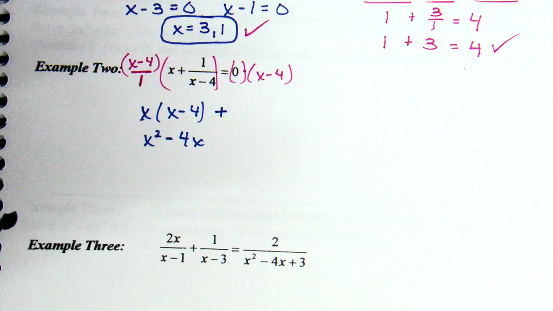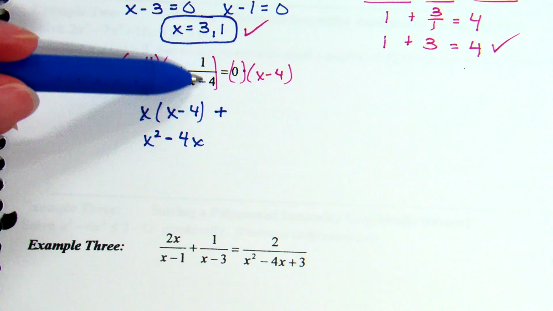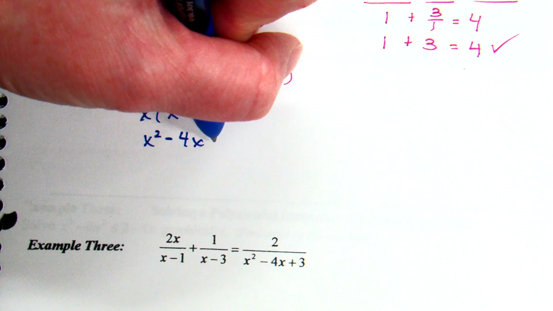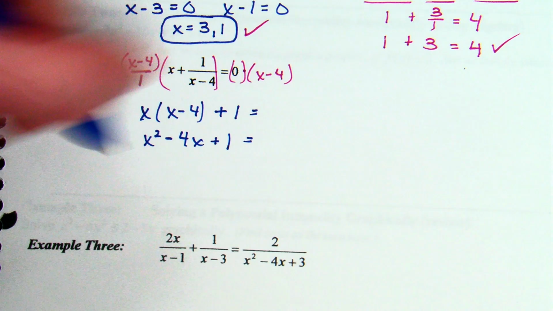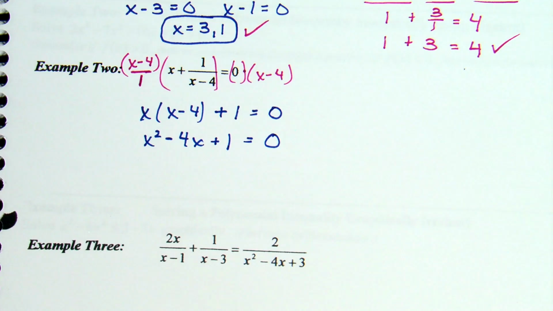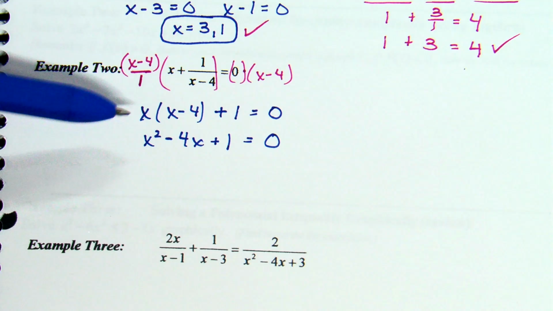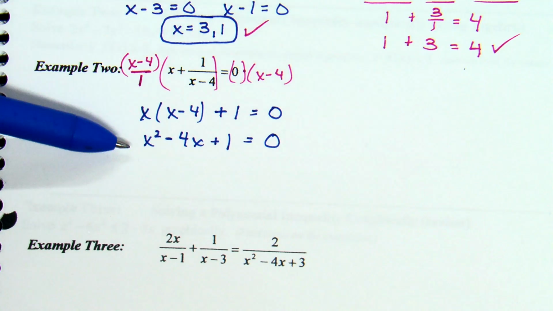Yeah, the x minus 4's cancel. You're left with 1 over 1, which is just 1. Equals, what's 0 times x minus 4? 0. Okay. Again, I kind of wrote out two equations there just because I wrote x times x minus 4 in the first one, then I distributed in the second one. You're more than welcome to go ahead and distribute right as you go into it.